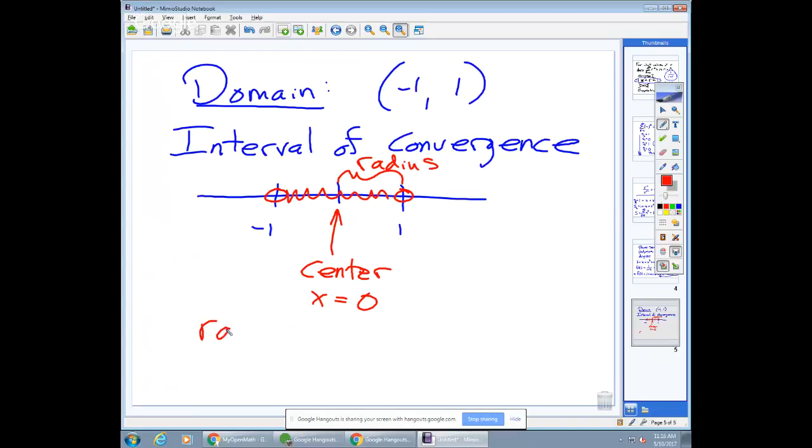So here, the radius of convergence is 1. So now I'm using R in a different way than I was before. Before I was using R as the base for a geometric series. Here I'm using R as the distance from the center of my interval to the edge of the interval.